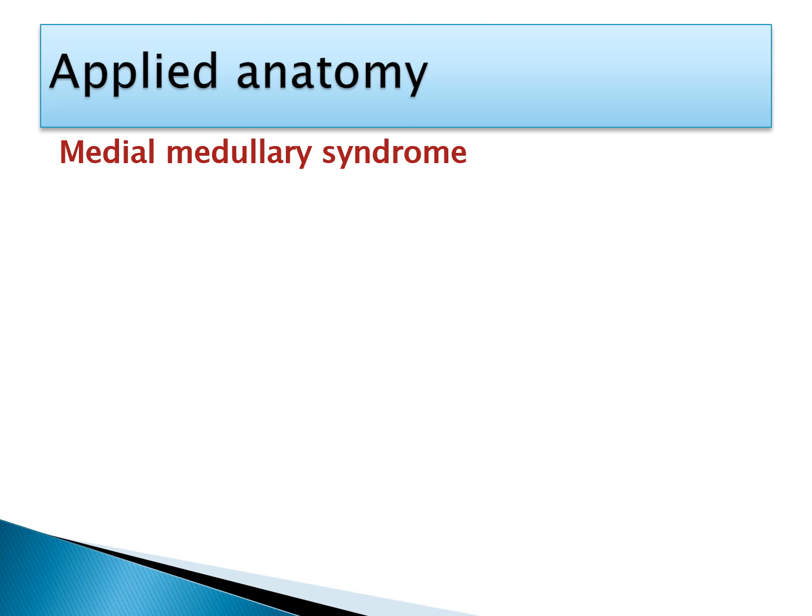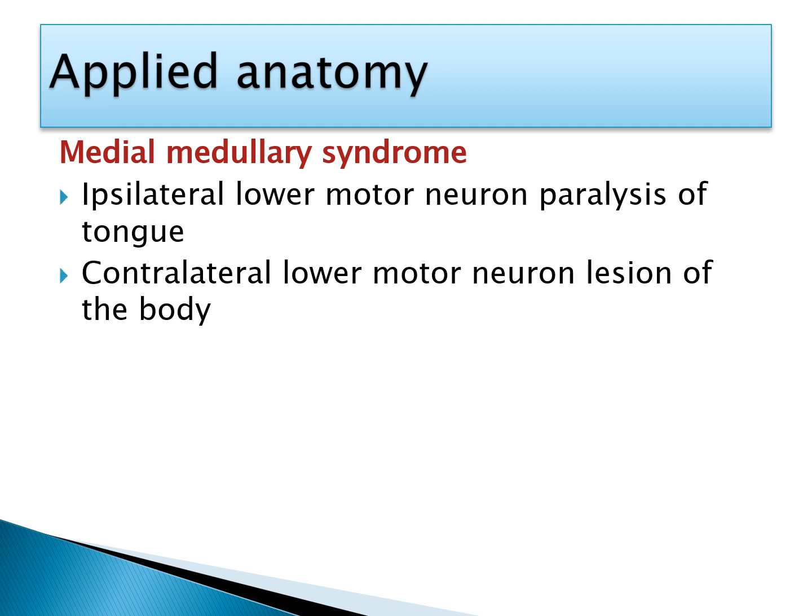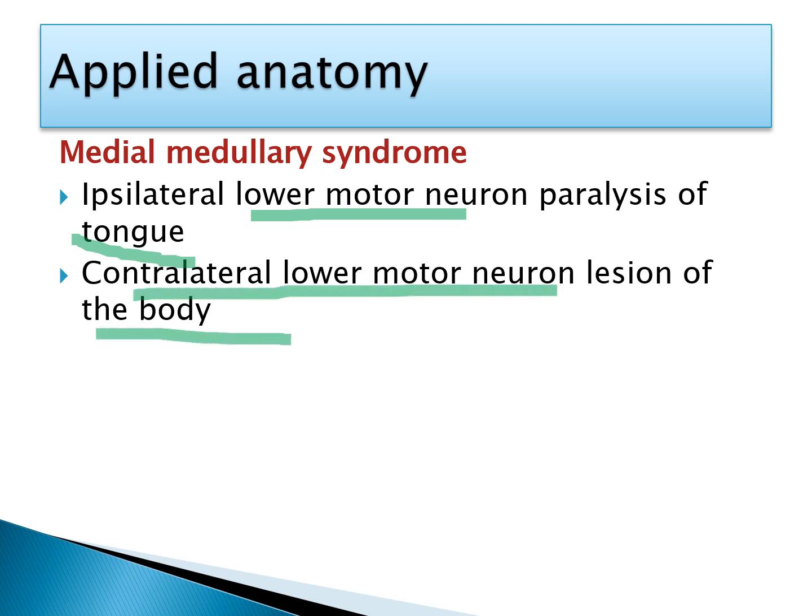I just give you the thought-provoking syndrome so that you search and learn, and ponder over how you will diagnose when a patient comes to you with these syndromes. In medial medullary syndrome, the tongue has same-side lower motor neuron paralysis, and the opposite side of the body has paralysis. That is called medial medullary syndrome.